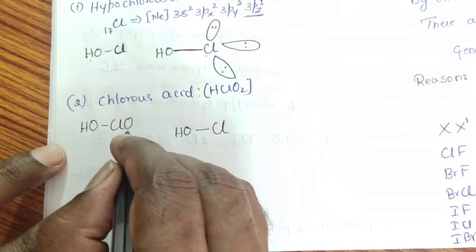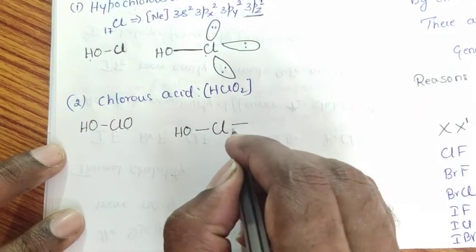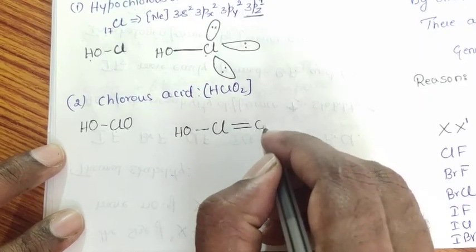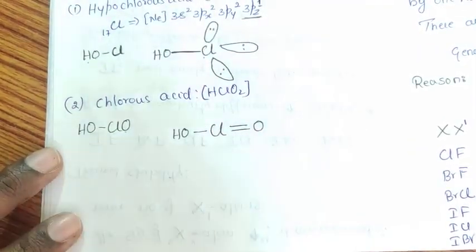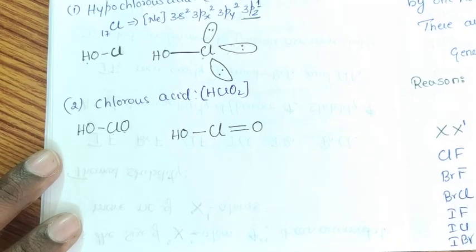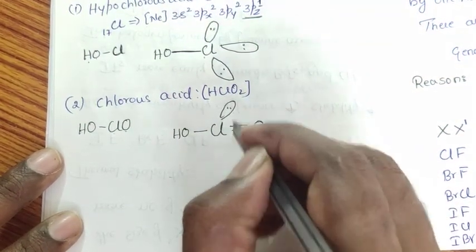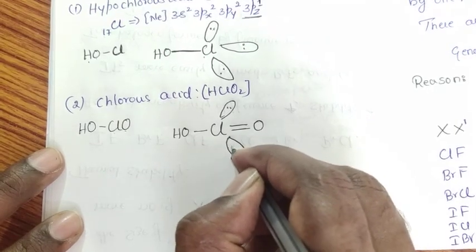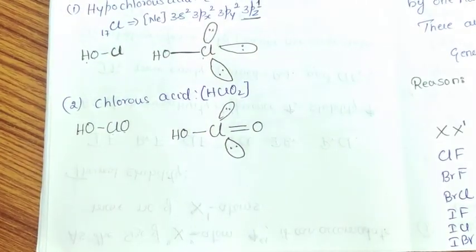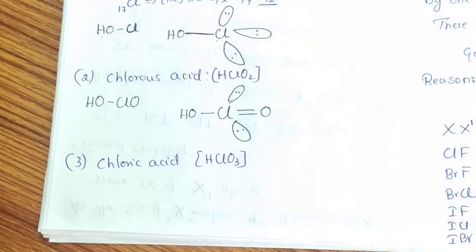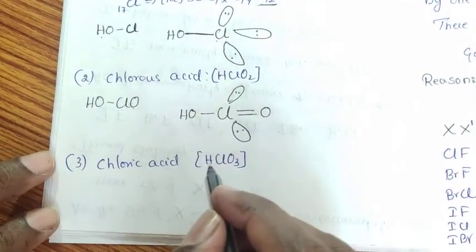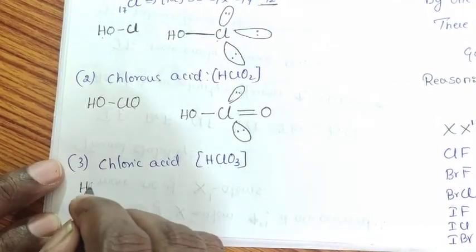Oxygen is a non-metal, chlorine is also a non-metal, and chlorine always bonds with an oxygen atom with a double bond in the oxo acids of chlorine. And the remaining are two lone pairs. Here it is one lone pair, and here it is one lone pair. Note it down. Coming to next, chloric acid, HClO3.